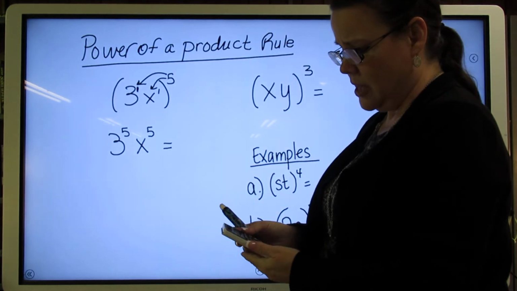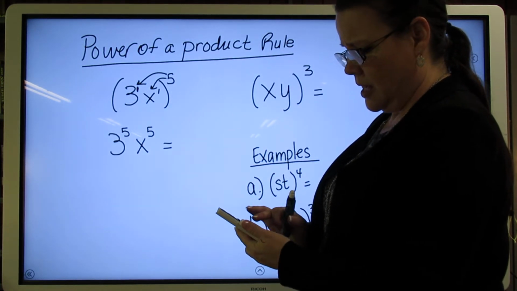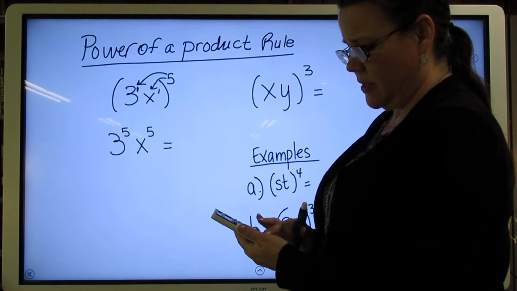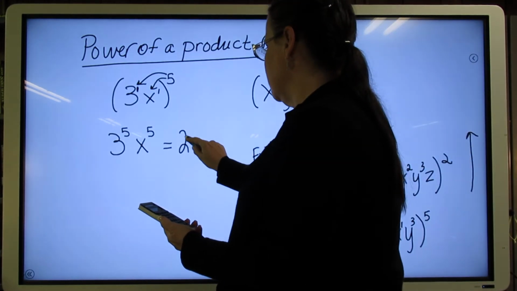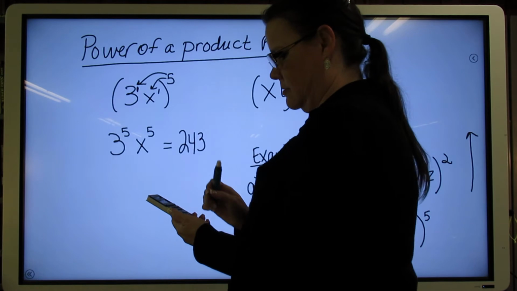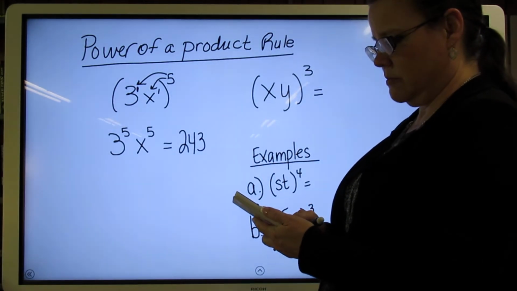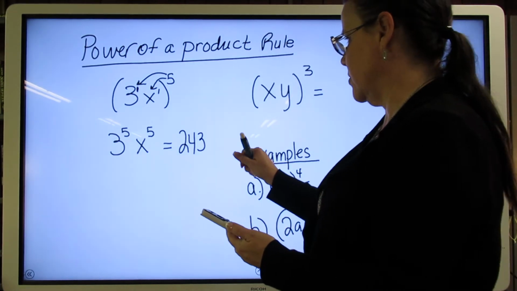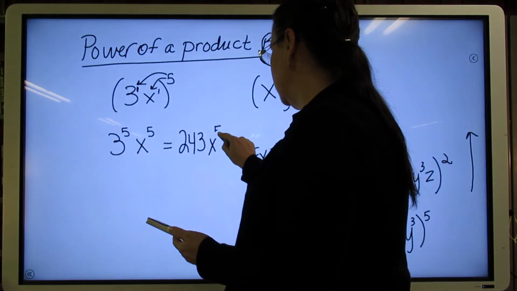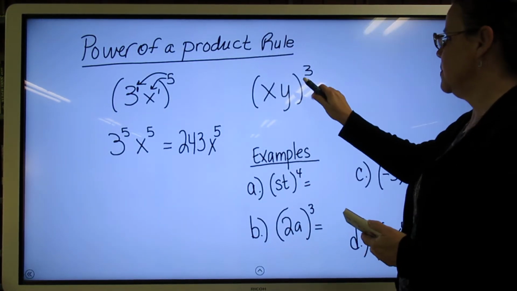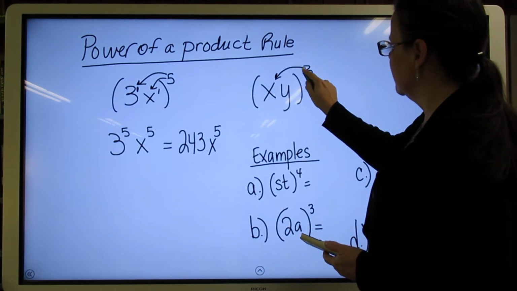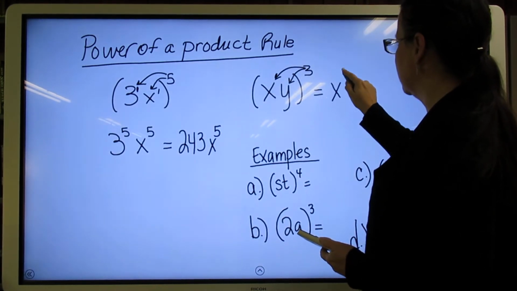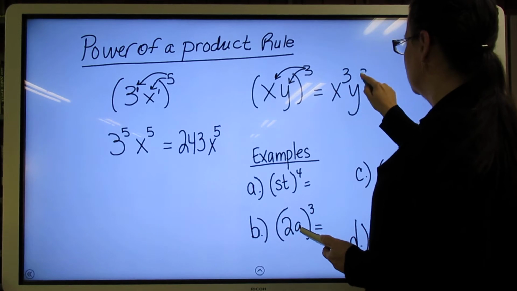I don't know about you. I would do 3 x to the y 5, and it would equal 243. Let me do that again. 3 x to the y 5, and I hit equal, 243, and then x to the 5th power, right? This one, again, 3 affects each one, so it would be x cubed, y cubed.